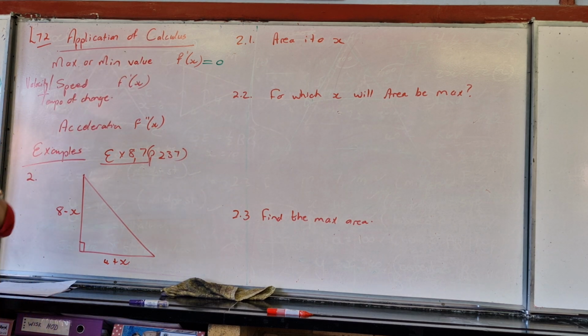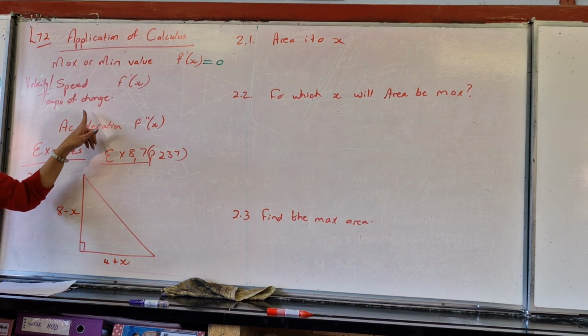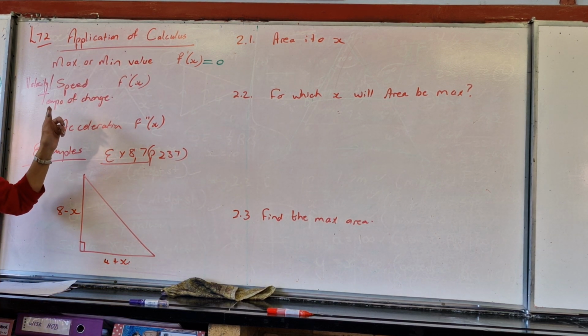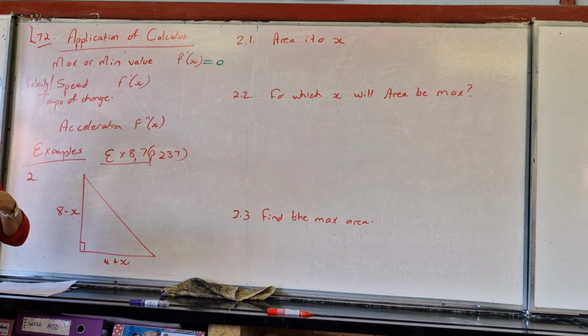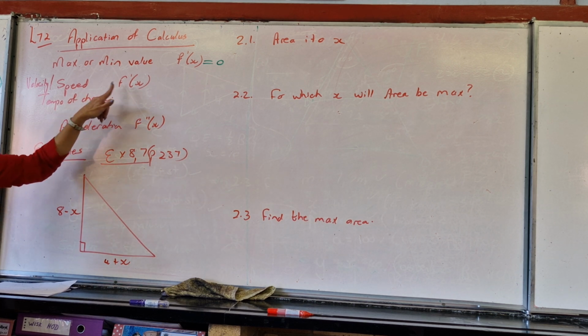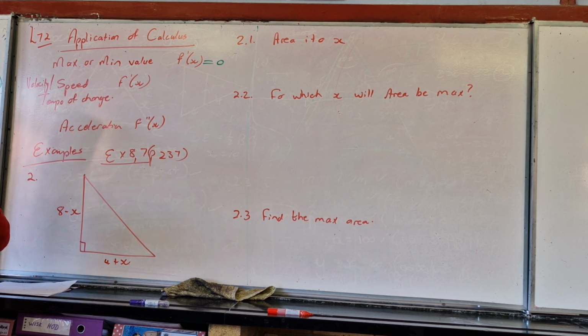Other stuff that can be applied here is if they ask you speed. The other word for speed is velocity, so just know all your synonyms. And something as well that they do like is rate of change, tempo of change. Can you see it being something to do with the speed of change? Still coming back to the derivative, it's something you've got to teach yourself.